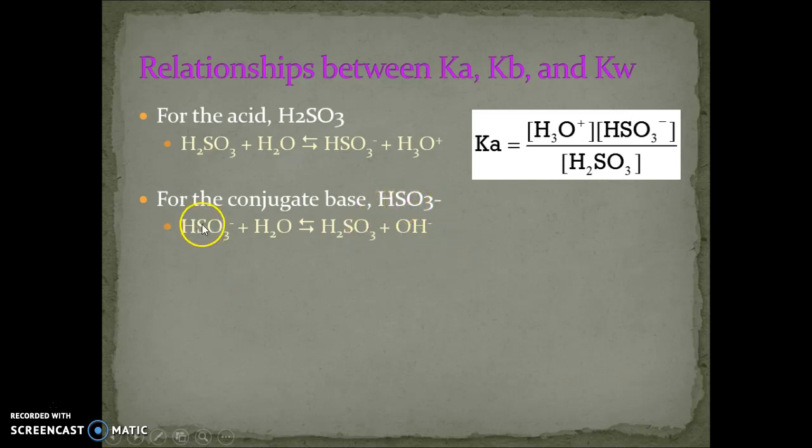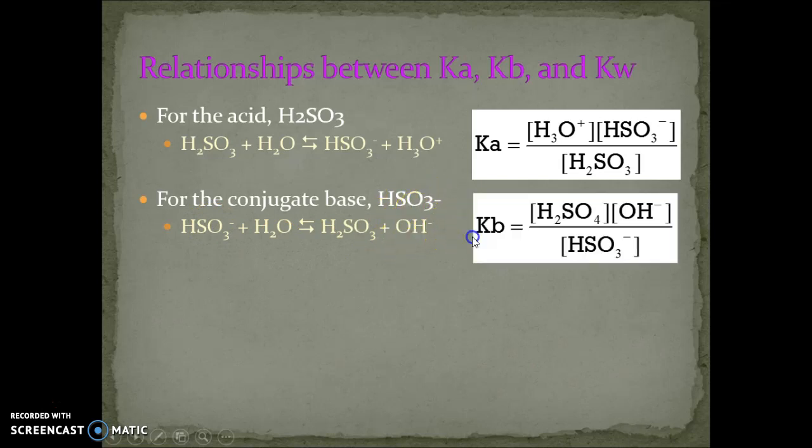So this is this guy acting as a base. The conjugate to the acid is acting like a base, making the OH- concentration go up. So the Kb would be the ions in the numerator, the base in this case in the denominator.